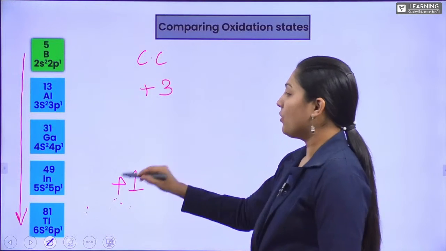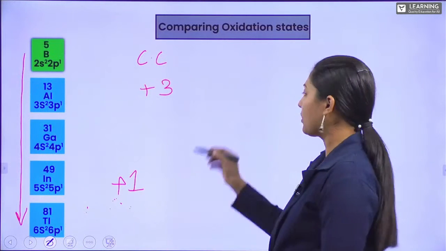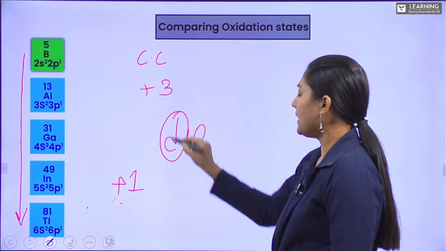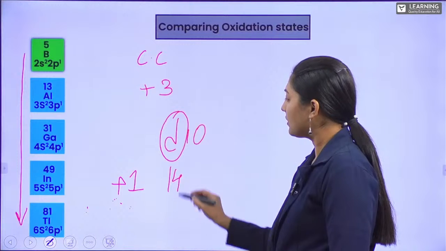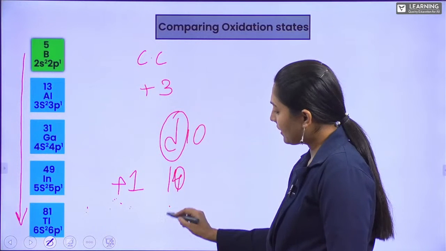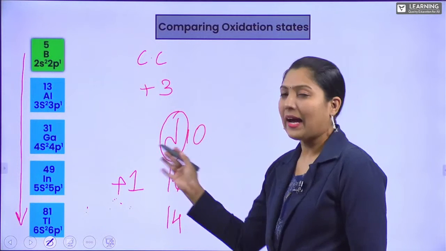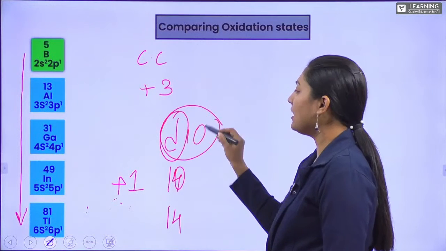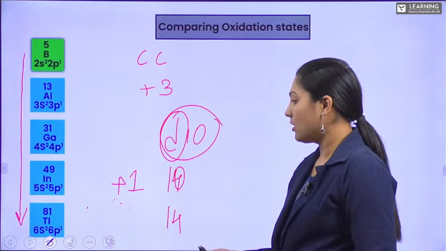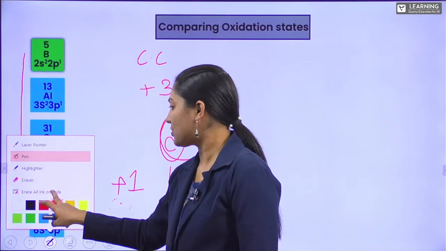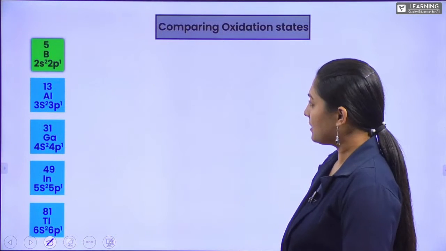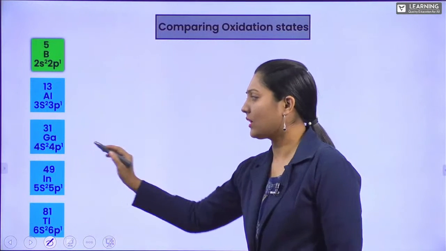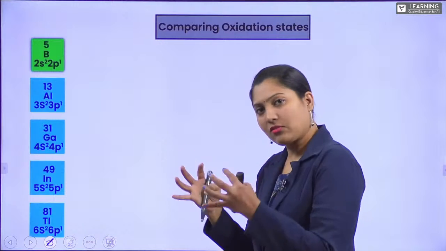And also we know that here we have d orbitals, 10 electrons here, 14 electrons, here again 10 electrons and here 14 electrons will be added. So this increases the nuclear charge, and hence the attraction between the nucleus and electrons in gallium and indium will be more.